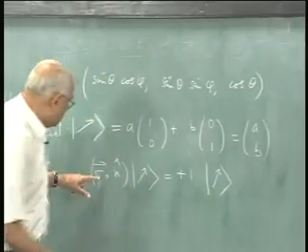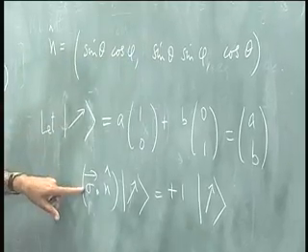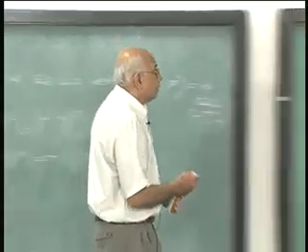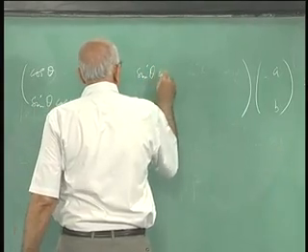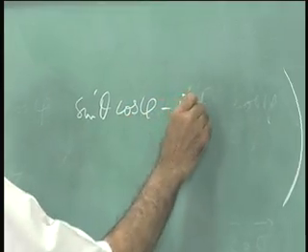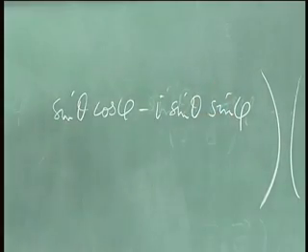Then I have sigma 2, which is multiplied by this coefficient, but sigma 2 is a minus I, so this is equal to sin theta cos phi minus I sin theta sin phi.